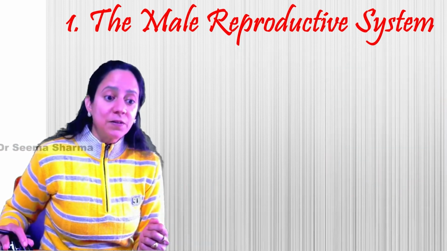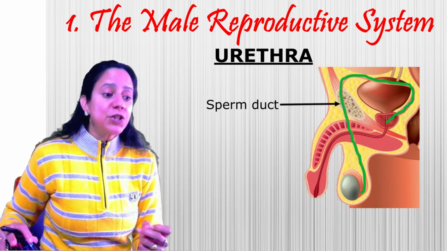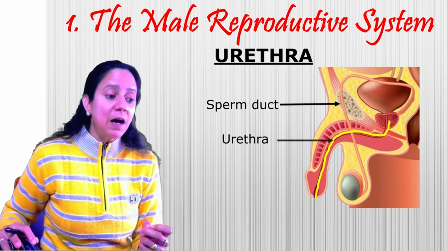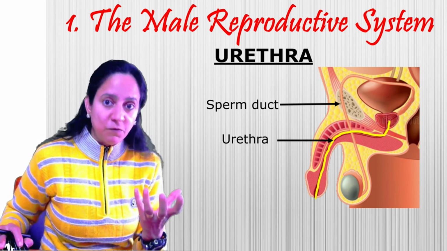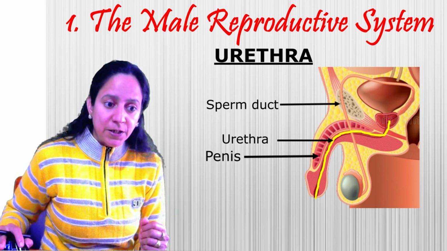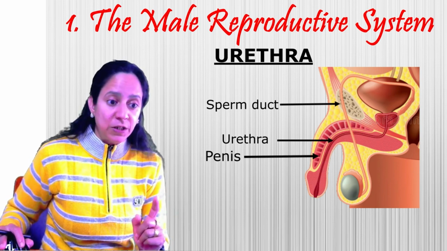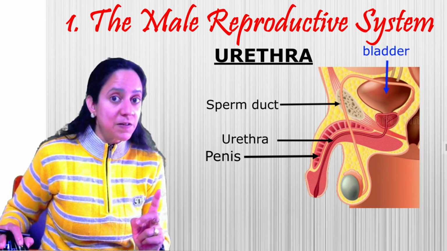Next part is the urethra. The sperms swim in the semen and reach the urethra, which lies inside the penis. This bigger muscular structure is the penis and this internal narrow tubular structure is the urethra. Viewers, remember urethra is part of the urinary system.